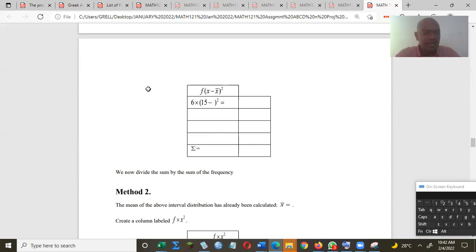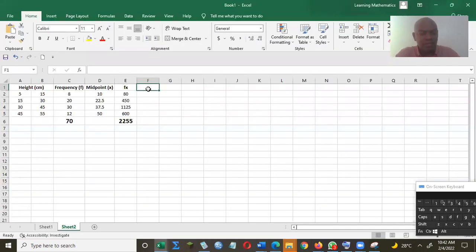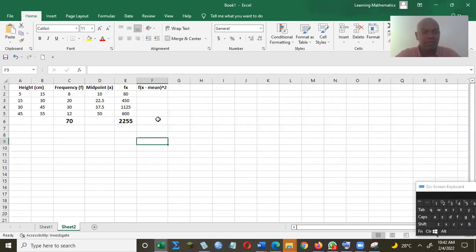Doing it via Excel. Let's put our heading, F open bracket, X minus the mean, all squared. Double click, okay?